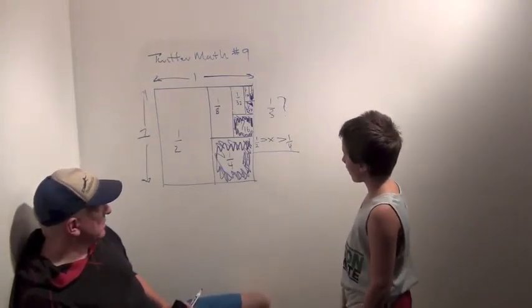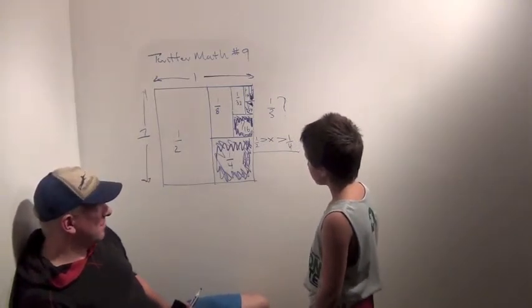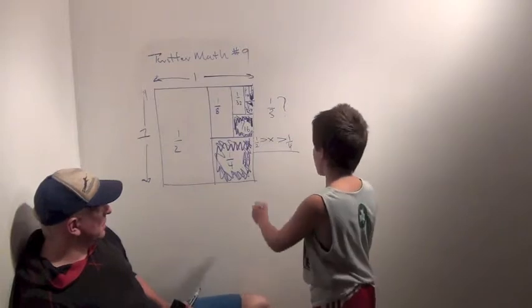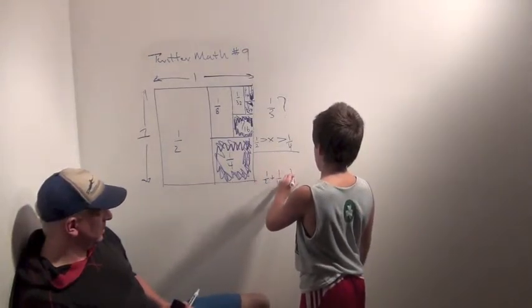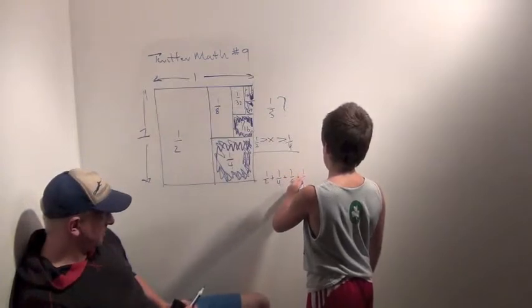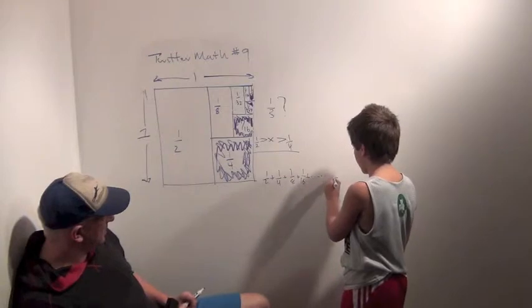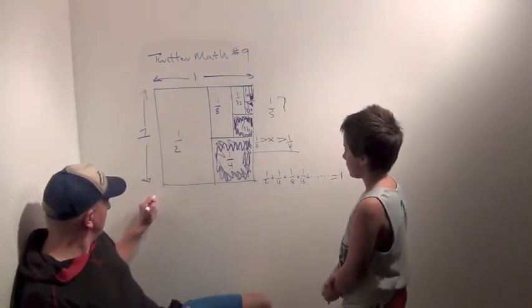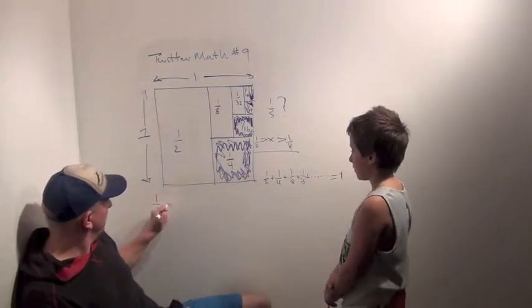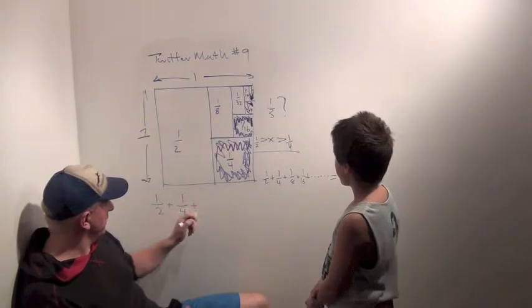So how would we add them up? How would we think about this? Well, we know that when we add 1/2 plus 1/4 plus 1/8 plus 1/16 all the way out to infinity, you're going to get 1. Explain why from the picture, for example.